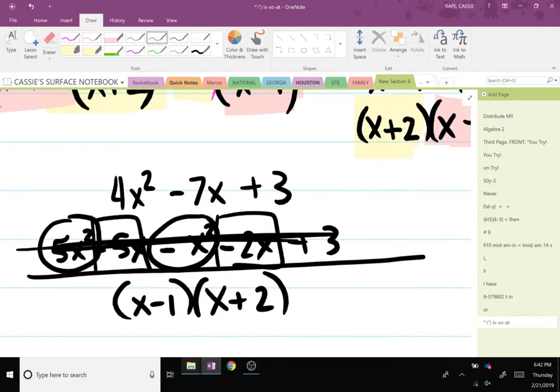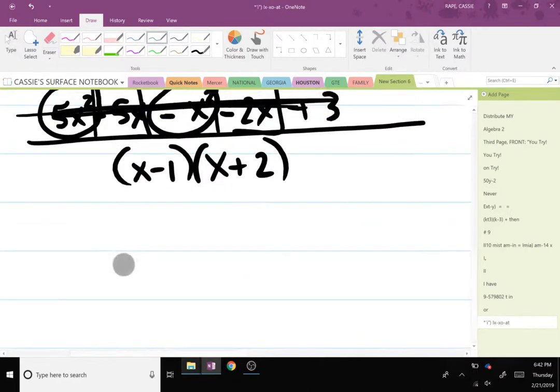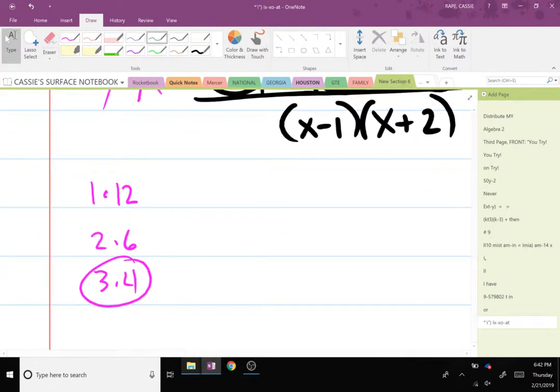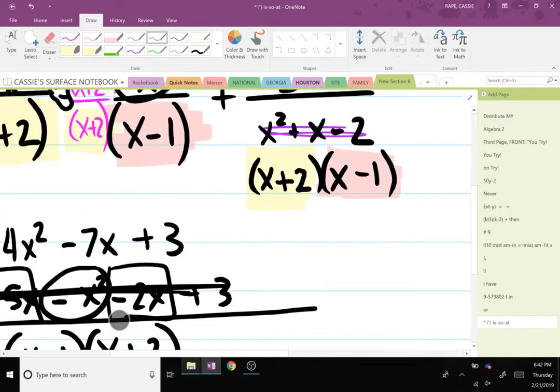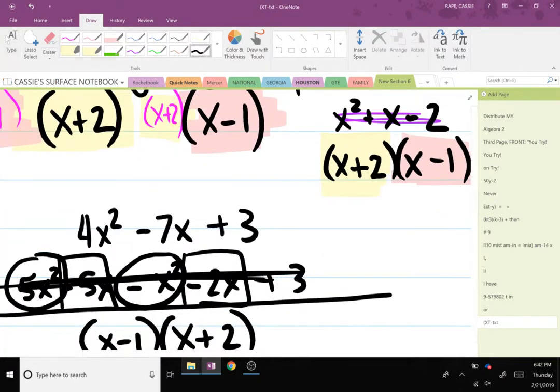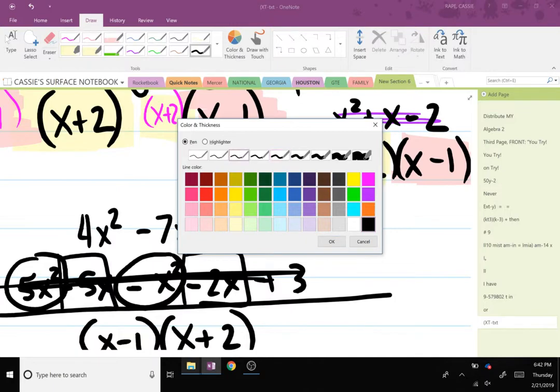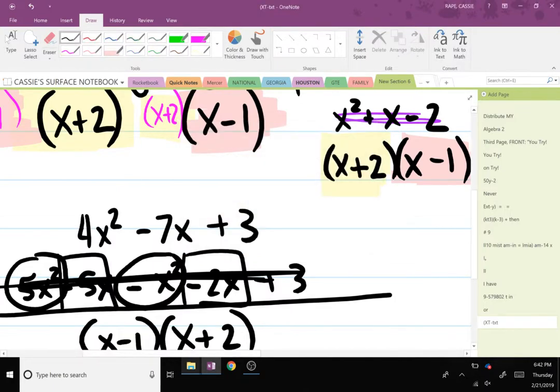Okay, so remember that we said it's -3 and -4, right? I don't do any funky things with that. I rewrite this expression, and I rewrite it like this. First of all, I take 4x squared and leave it alone. I take the +3, I leave it alone.